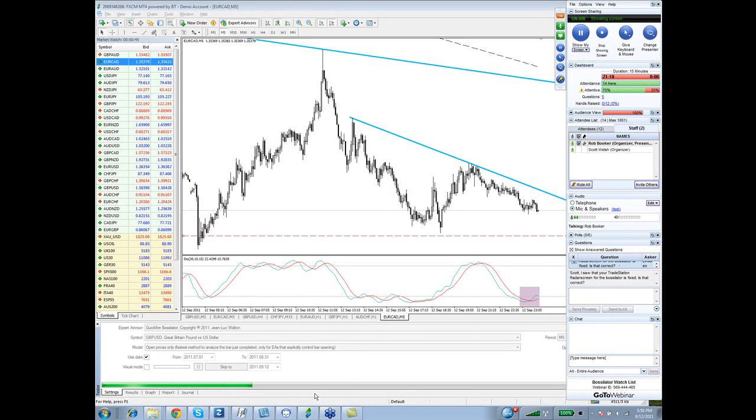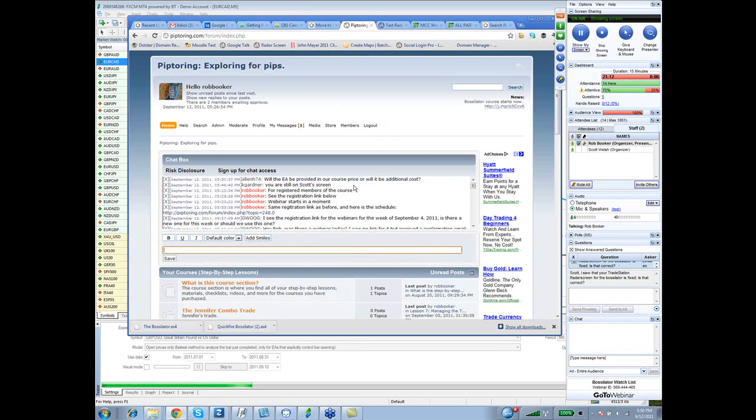And are there any other questions that are on the home page? Still on Scott's screen. Will the EA be provided, or will it be an additional cost? I don't know yet, Alan. It's a good question. I'm thinking about it right now. It just depends on how much additional time it takes to get to making it. But Alan, are you an experienced MetaTrader expert advisor type person?